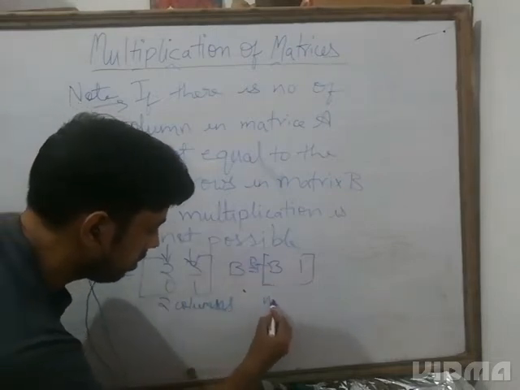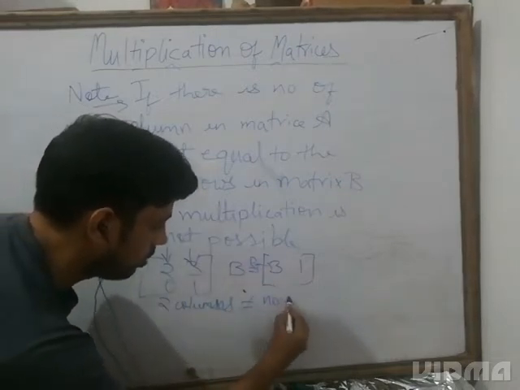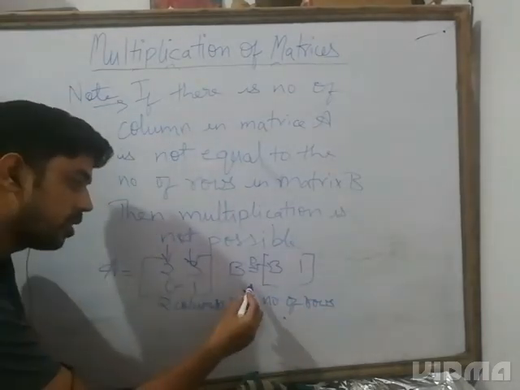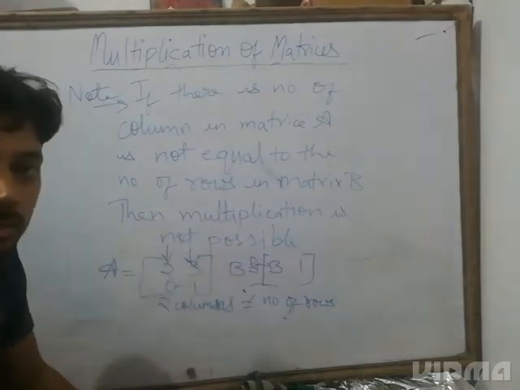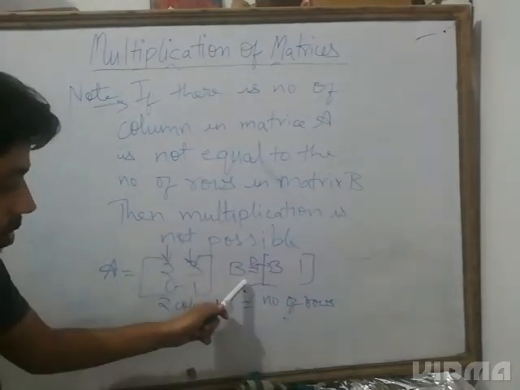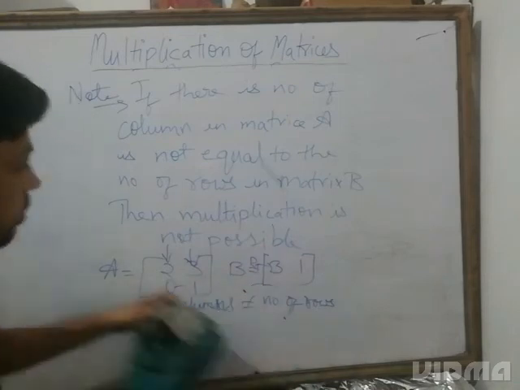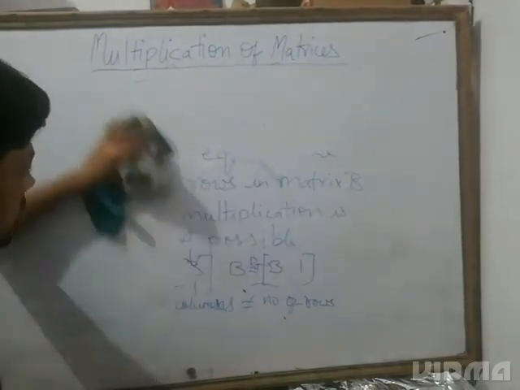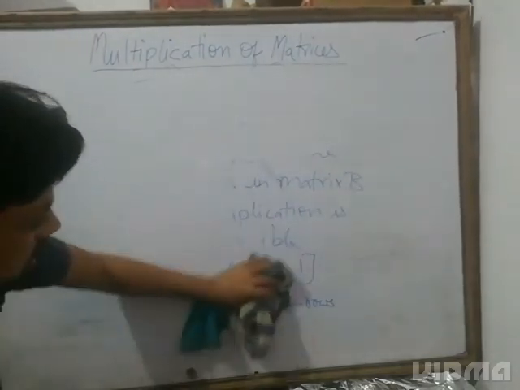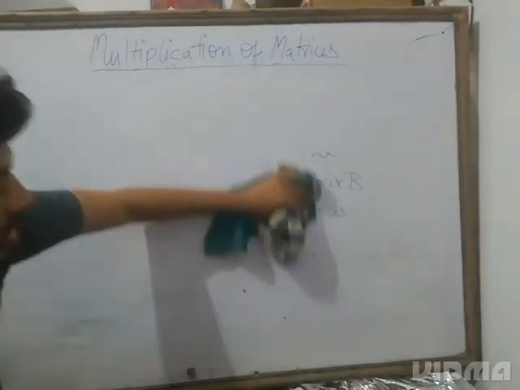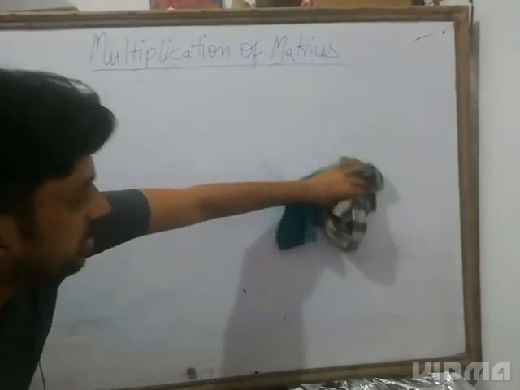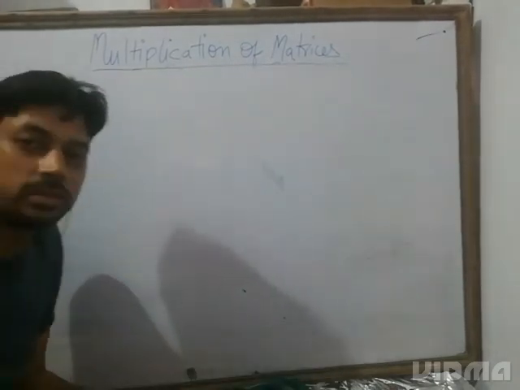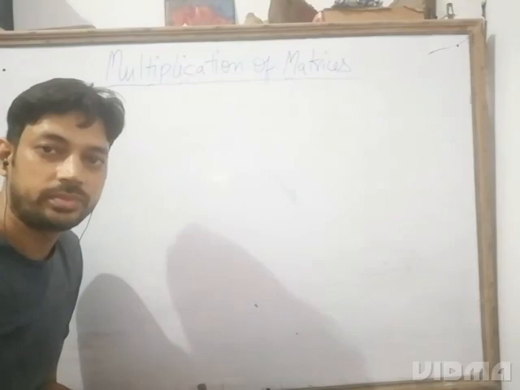So they are not equal. The number of columns in the first matrix should always be equal to the number of rows of the second matrix. Remember this. Many students are confused about this point. In some exams, the question is asked whether multiplication is possible for these matrices or not. So we have to understand when it is possible.